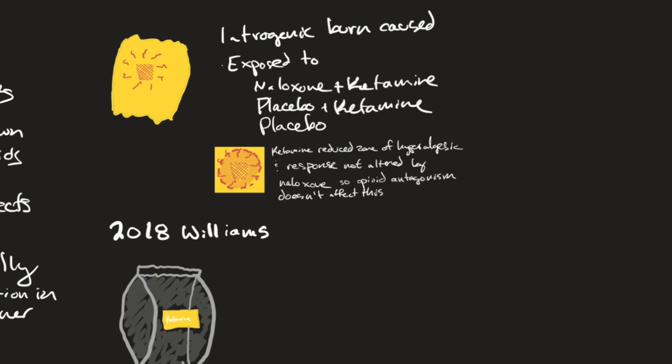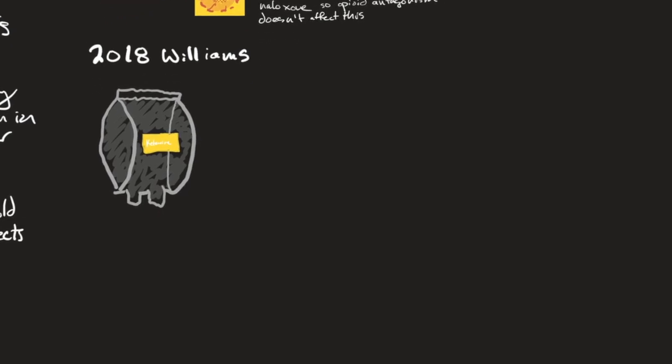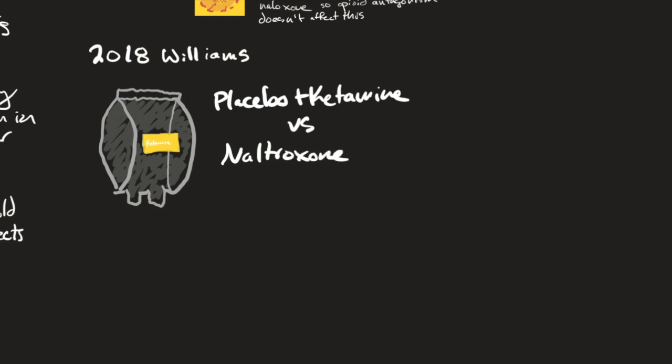In 2018, there was a study that evaluated giving patients with treatment-resistant depression a standard dose of ketamine, which is about 0.5 milligrams per kilogram IV, either with a placebo or with naltrexone, again, another opioid antagonist.